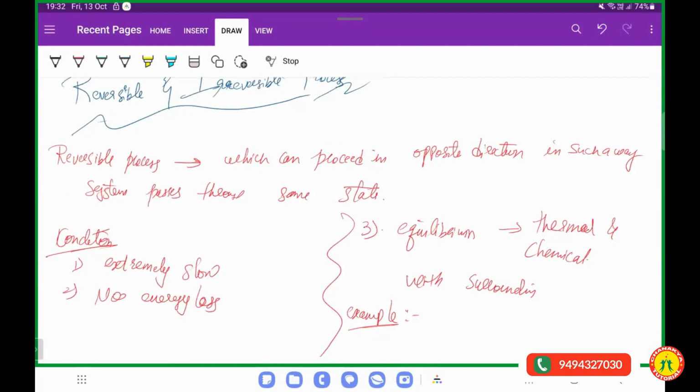Aditi? Water, sir. When water changes to gas or liquid, you can reverse it. Yes, vaporization.